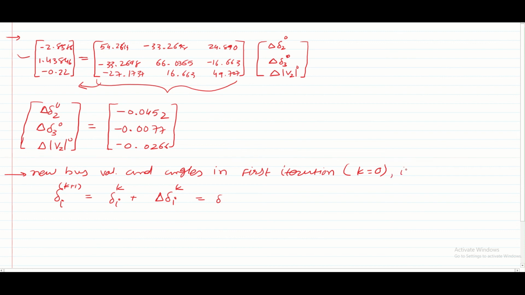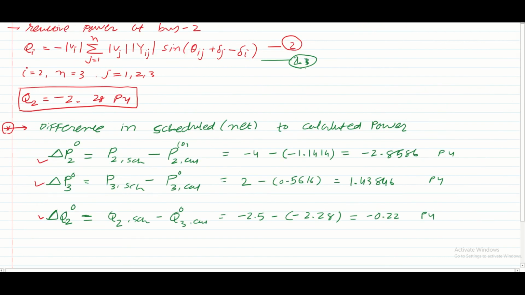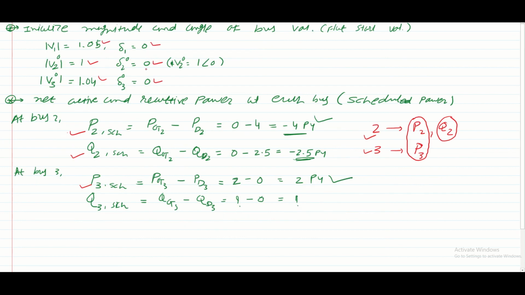Write the condition i equal to 2 first, for bus number 2. Delta 2 at first iteration is delta 2 at initial condition plus the change in delta 2. So here delta 2 at initial condition is 0. Delta 3 is 0.